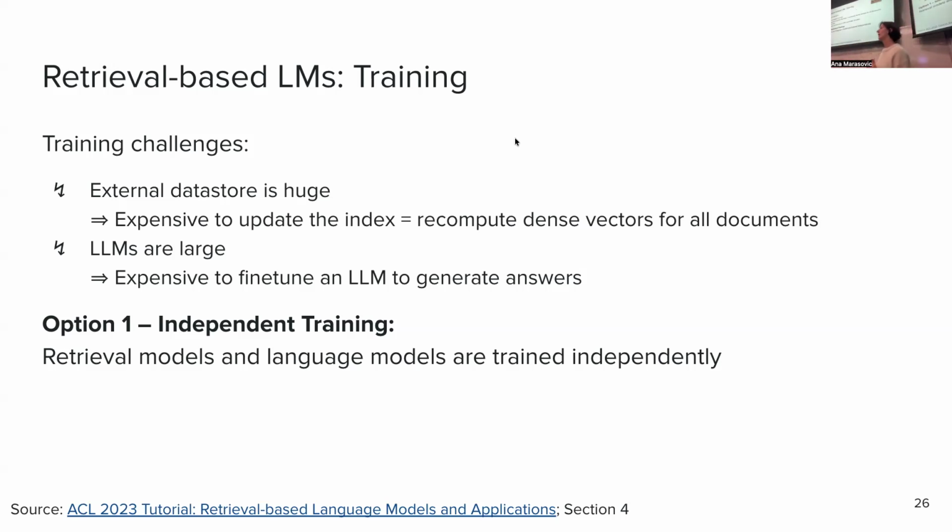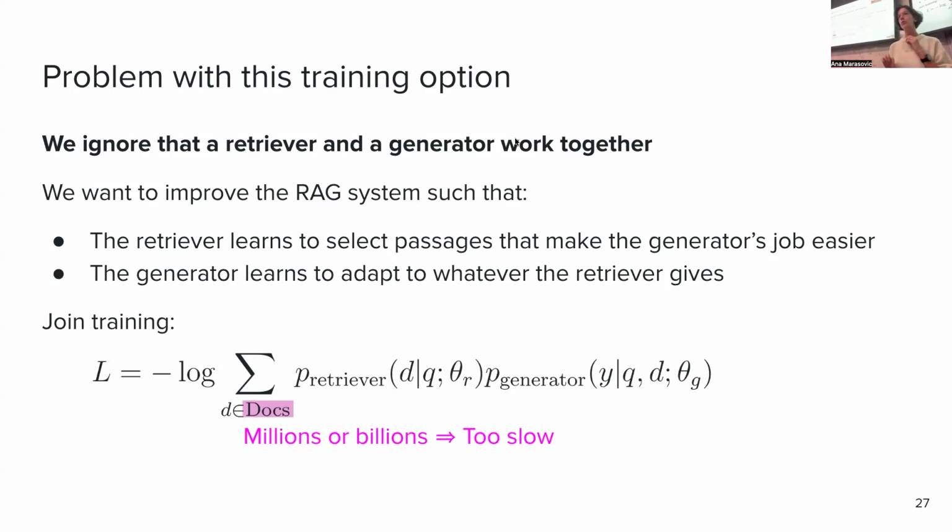Another option would be to do joint training, where we have all of the documents in the data store. We want to check the probability of a document given the query. Then if I choose that document to condition my answer generation on, what would be the probability of the right answer?